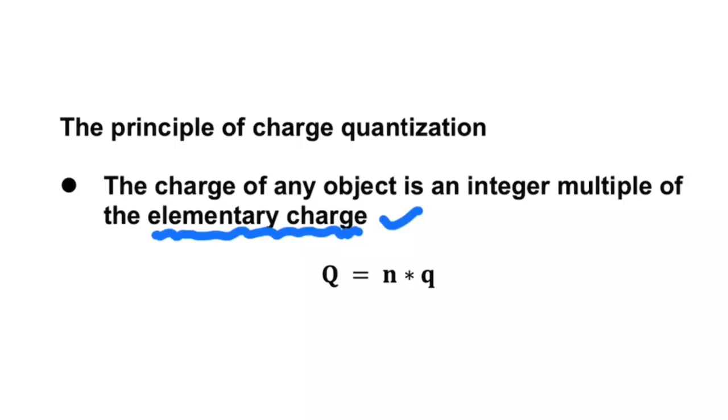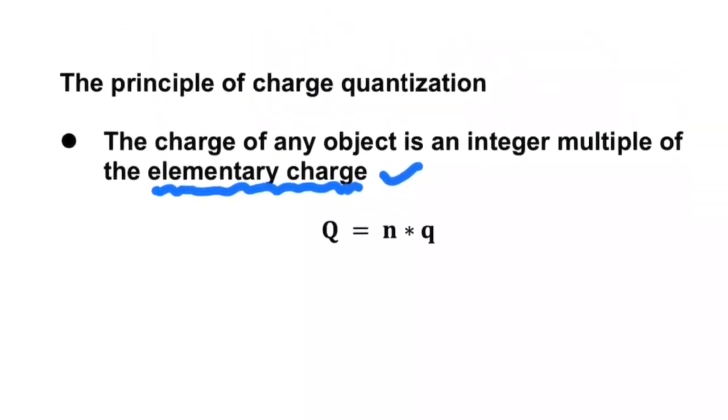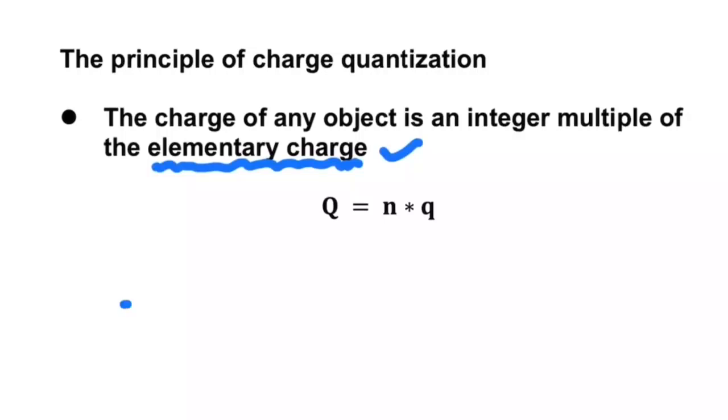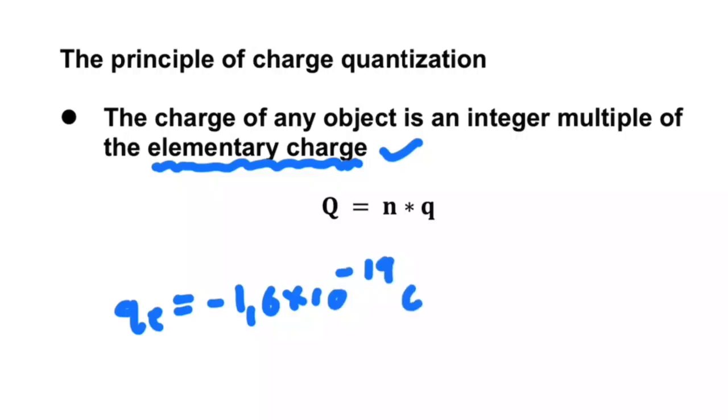What am I saying? I'm saying that they carry a charge, or Qe, the elementary charge, is equal to minus 1.6 times 10 to the minus 19 coulombs. This coulomb is the unit of charge. We're going to talk about it in detail at a later stage.